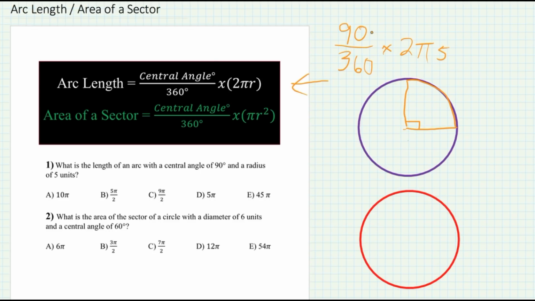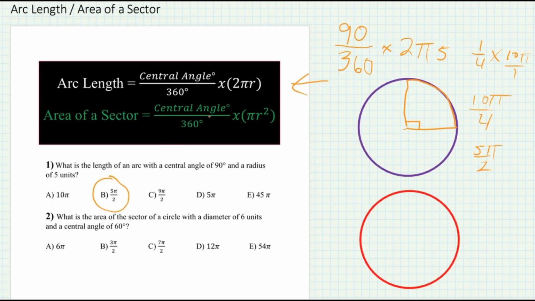And we simplify this. 90 over 360 is 1/4 times 10 pi. 2 times 5 is 10 pi. So multiplying across, we have 10 pi over 4, and that reduces to 5 pi over 2. And that's the length of the arc. 5 pi over 2. Answer choice B.